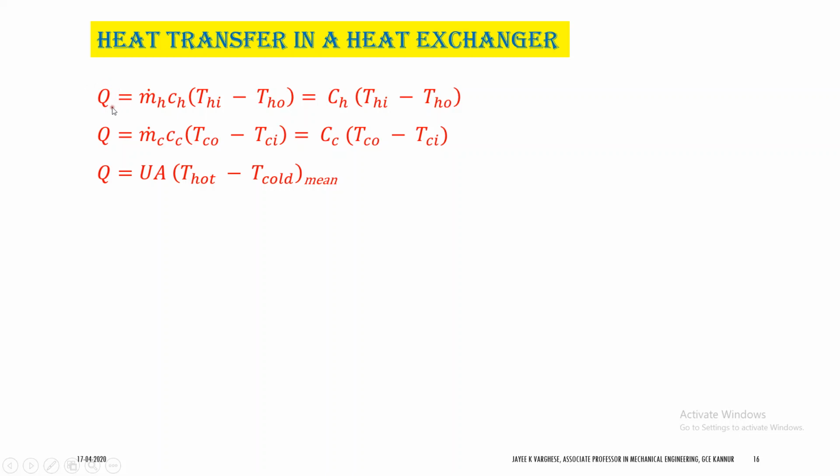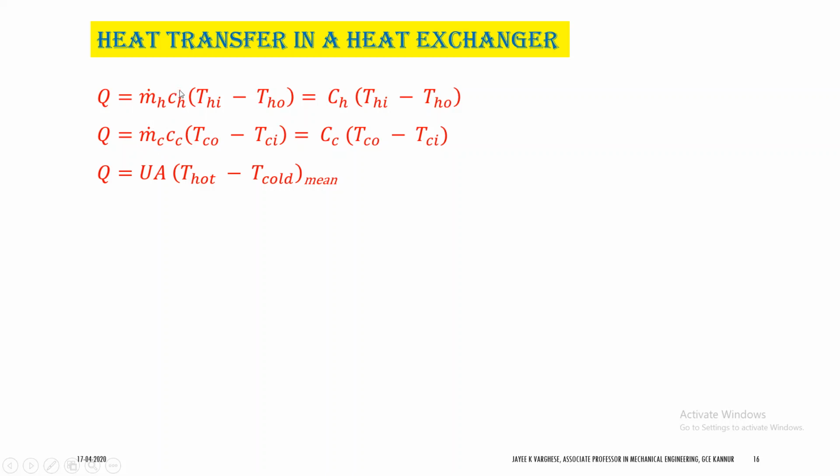As you know, in all our calculations in heat transfer, Q stands for the rate of heat transfer in watts. Then here m dot stands for the mass flow rate. M dot with a suffix h, m dot h, stands for the mass flow rate of the hot fluid, whereas m dot suffix c stands for the mass flow rate of the cold fluid.